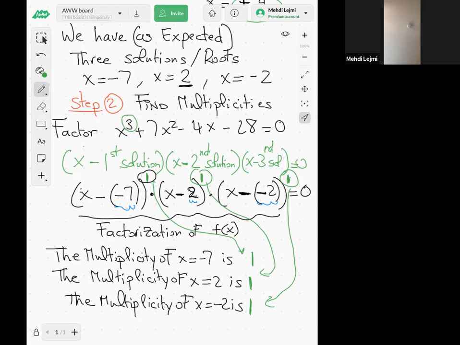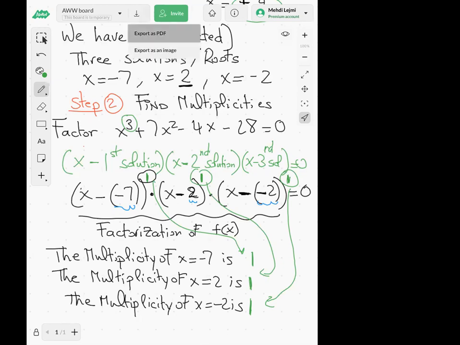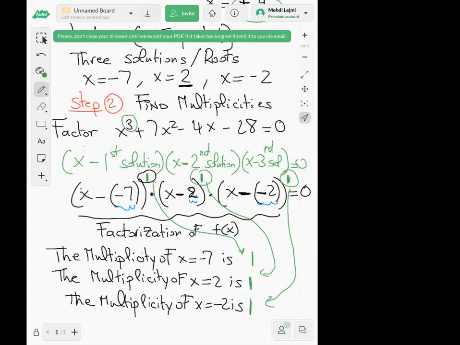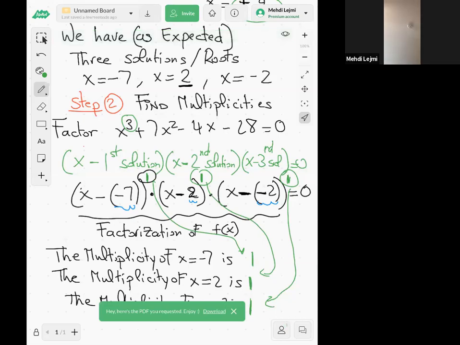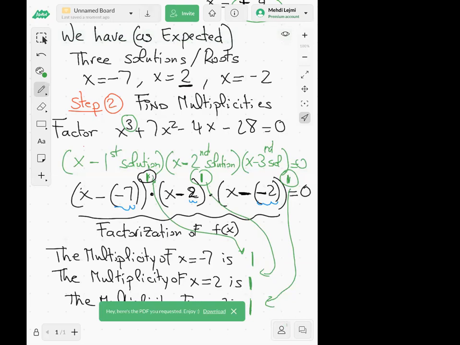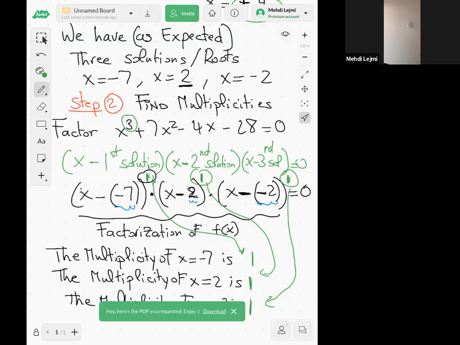Professor, another question. Why do you say that the multiplicity of x is equal to 1? Why is the 1 there? I don't understand the 1. Here it's 1 because there is no power here, so it's power 1.